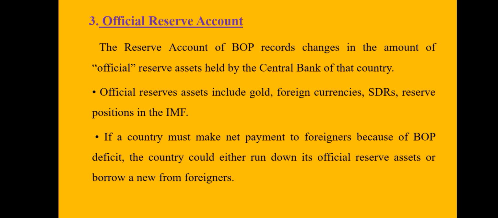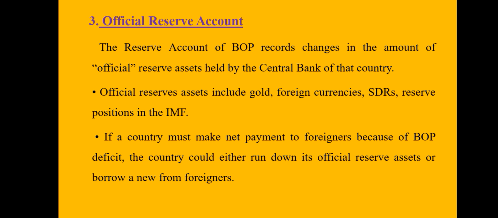Official reserve account. The reserve account of balance of payment records changes in the amount of official reserve assets held by the central bank of the country. First, official reserve assets include gold, foreign currency, SDRs, reserve positions in International Monetary Fund.